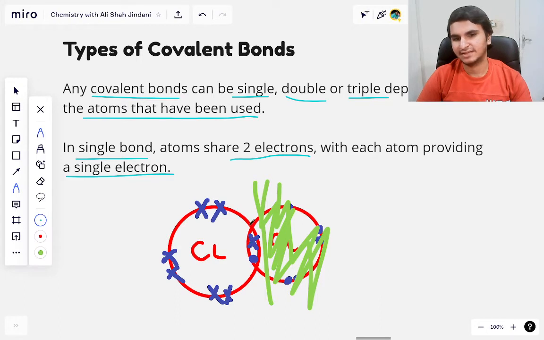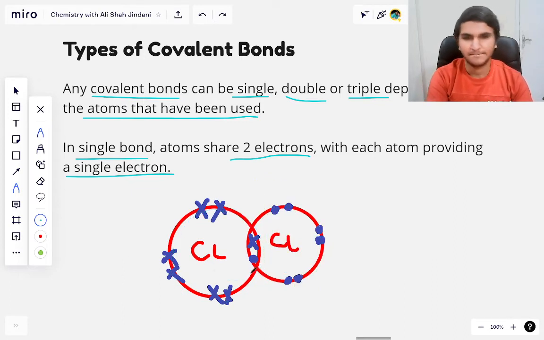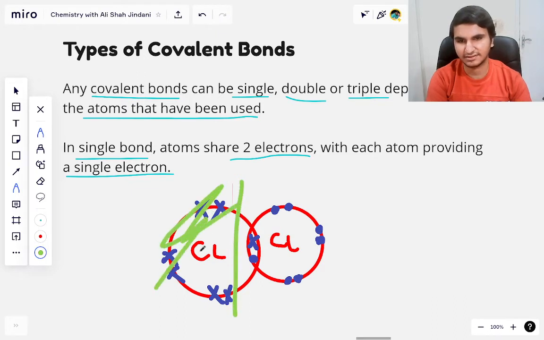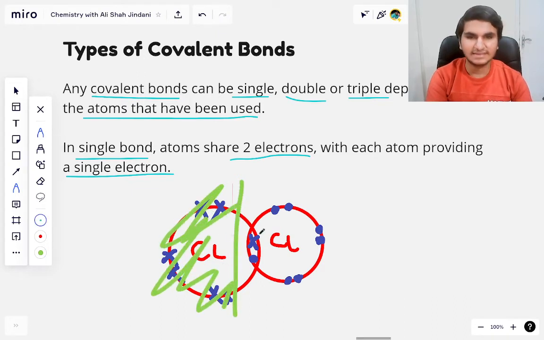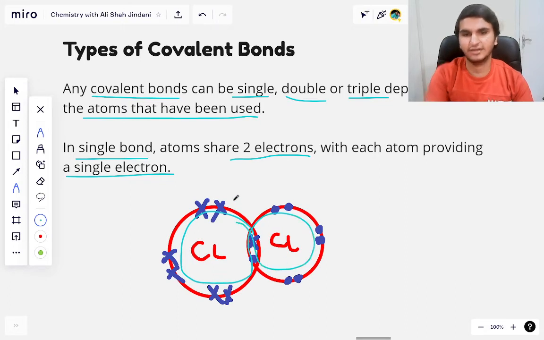Now what happens is these electrons, how many are they? 8, and these are orbiting this chlorine, right? But at the same time, if we think like this one does not exist over here, then these 8 electrons are orbiting this chlorine. But what's cool about it is that it is happening at the same time. So this electron will go orbit this chlorine, and then it will go orbit that chlorine, in a loop kind of thing.